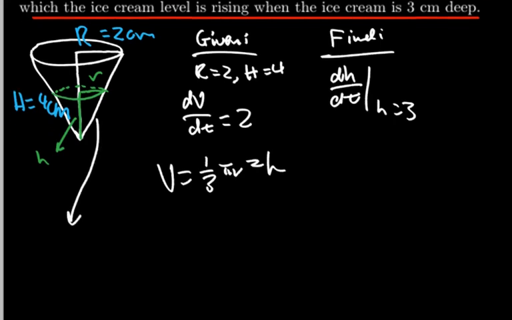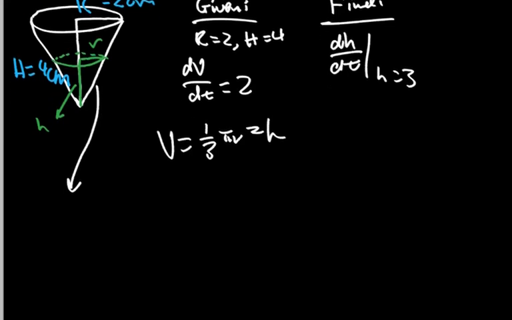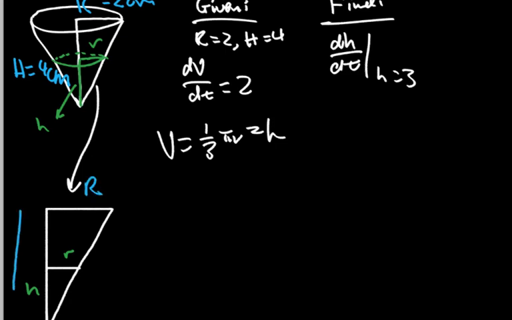If we look at this closely, we'll notice that the cross section is a right triangle with another right triangle inside of it. So we have r and h as the small measurements, and the big measurements are big R and big H. So they're proportional, right?